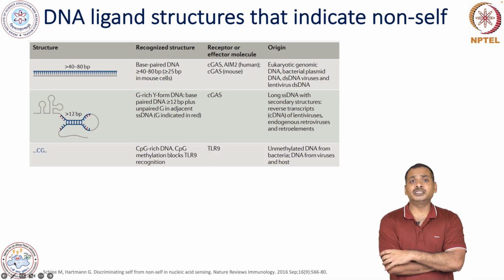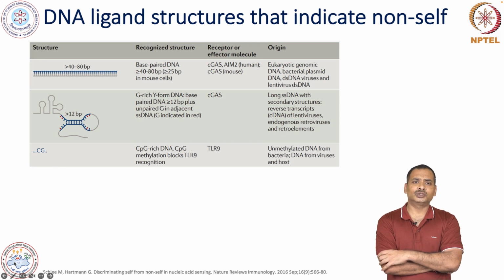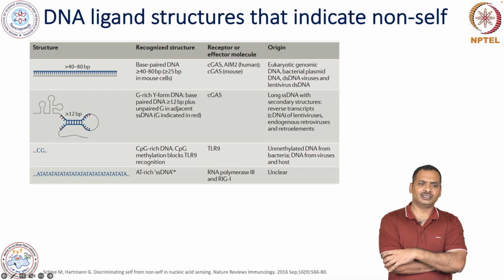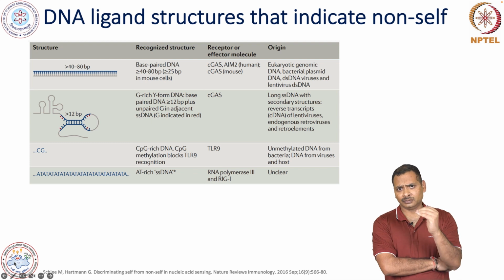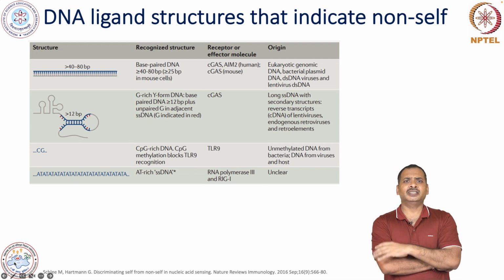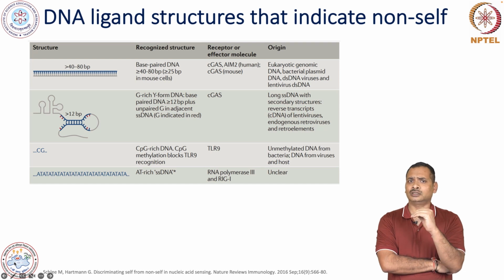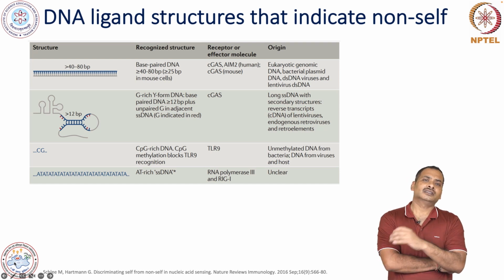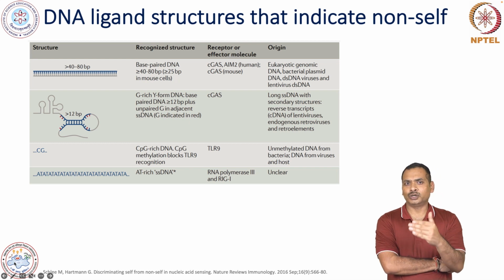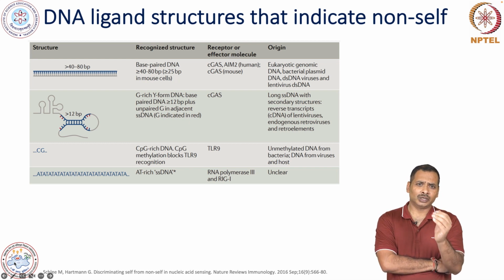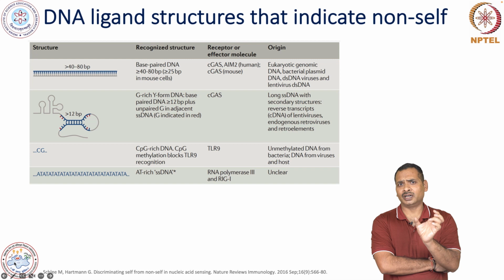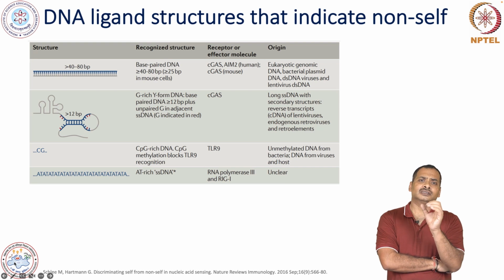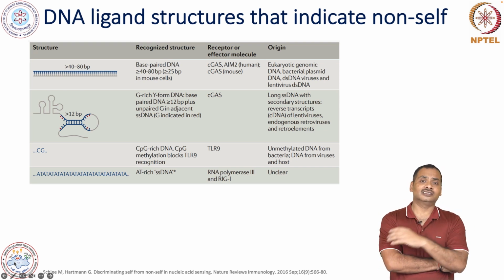There is CpG motif DNA. You know that CpG motif DNA is sensed by TLR9. AT rich DNA makes AU rich RNA, and RNA polymerase III basically makes this AU rich stretch of RNA, and this stretch of RNA is sensed by RIG-I, and in that way RNA polymerase III indirectly senses the DNA molecule.